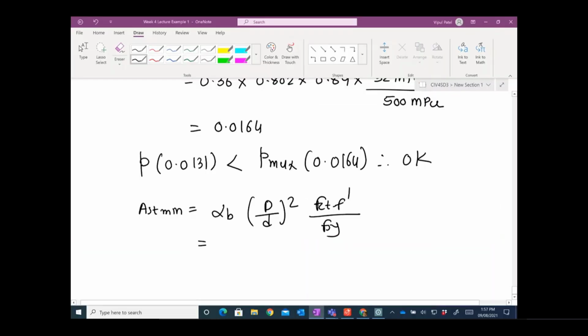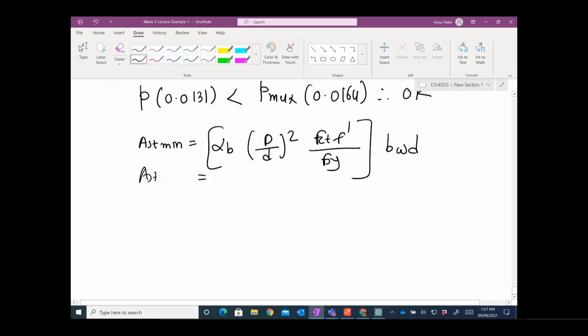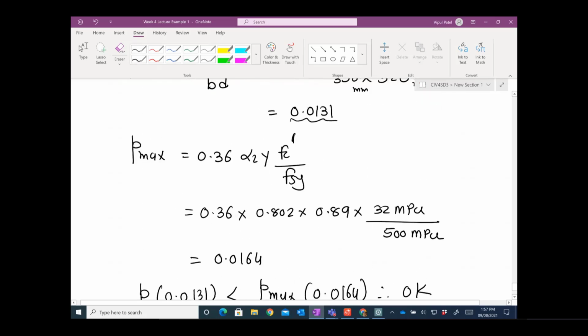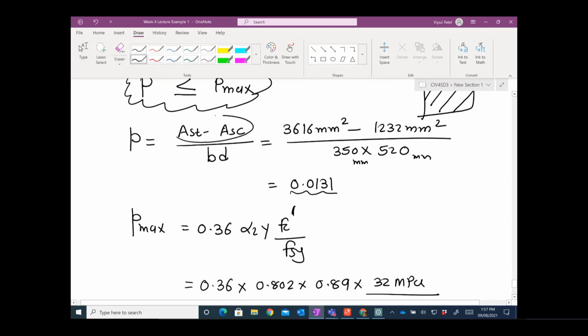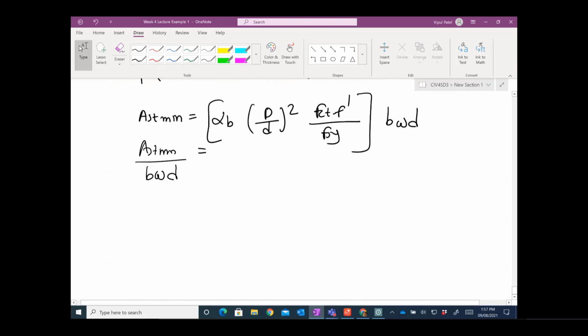If I bring this one, A_st minimum over b_w d, you remember that one, the reinforcement ratio, the area of the tensile reinforcement over b d. So I can say this is rho, right? Therefore I cancel that one.